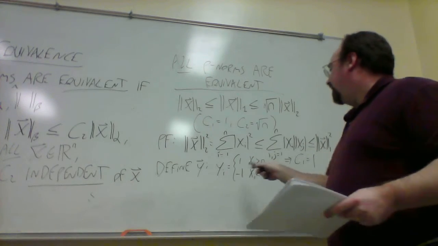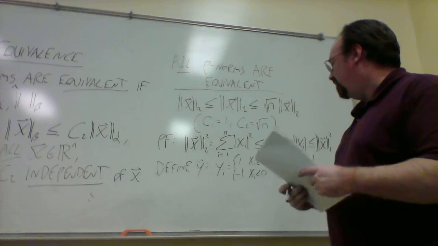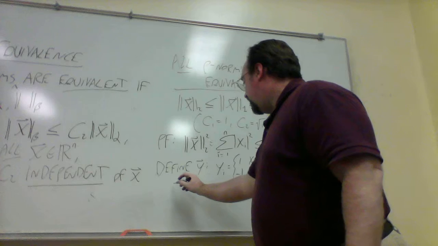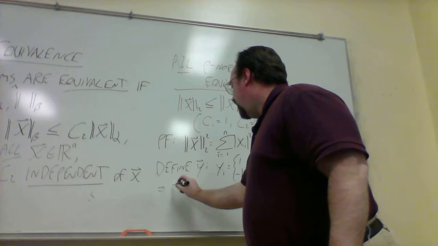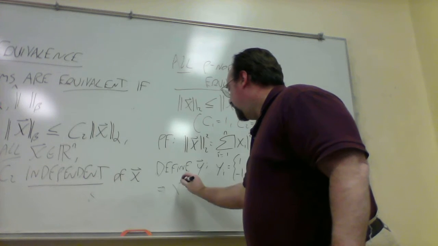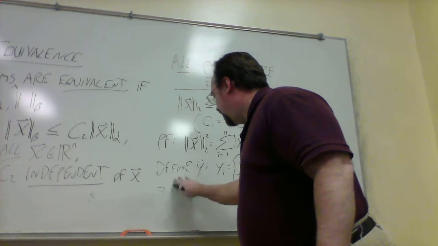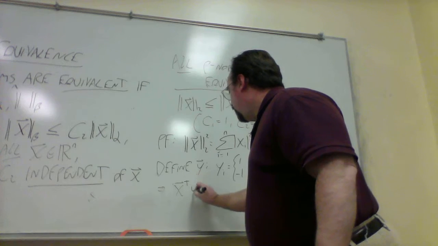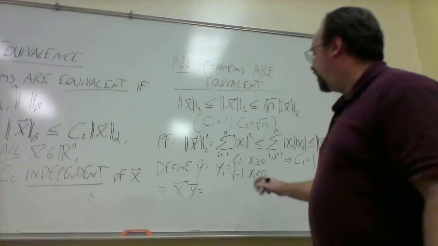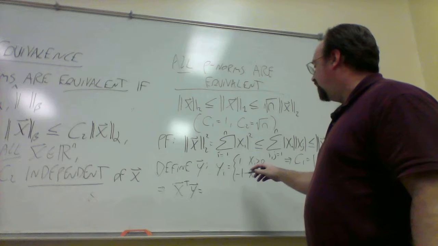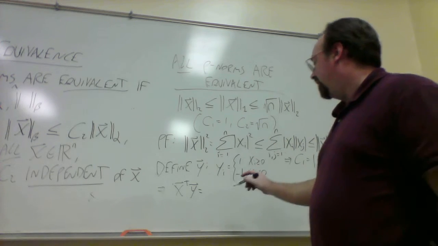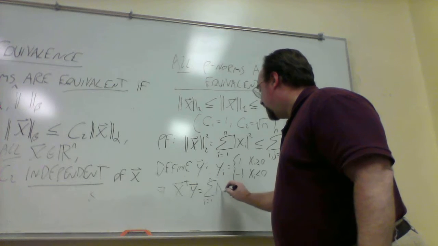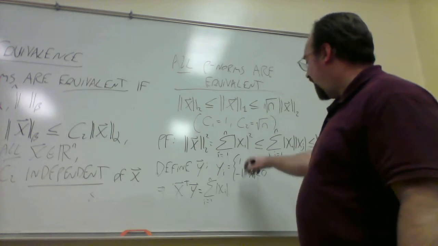All right, so I defined y to have the same signs as the components of x. So what that means is x transpose y is multiplying corresponding components, so it's just going to be the absolute values of all the components of x, since its sign flips where it needs to.